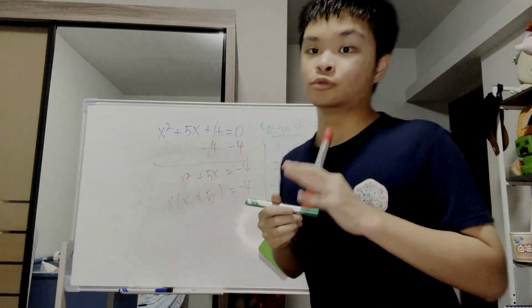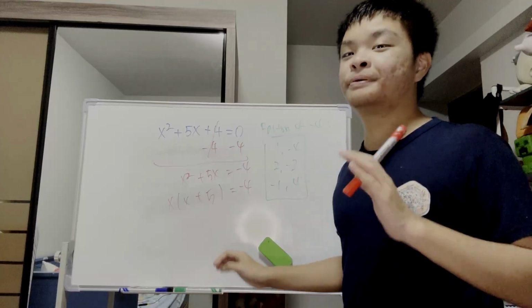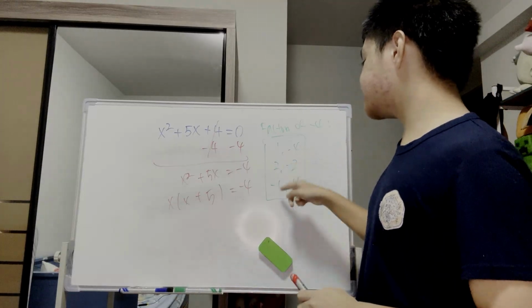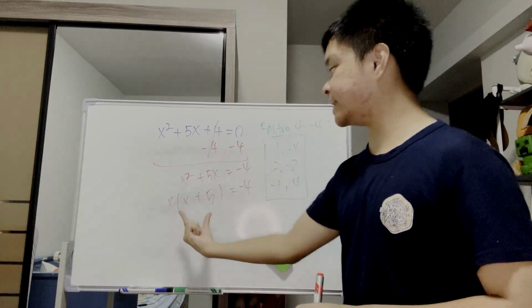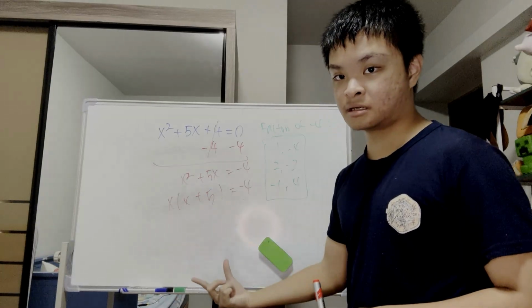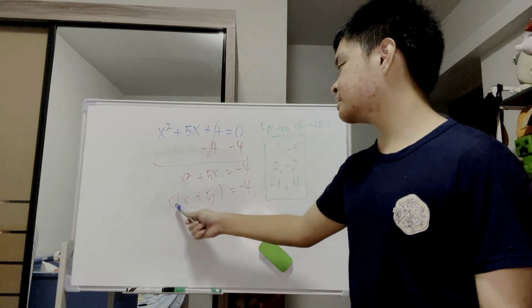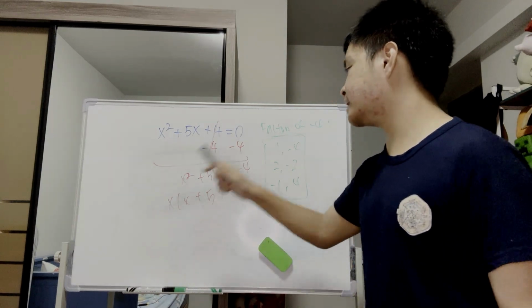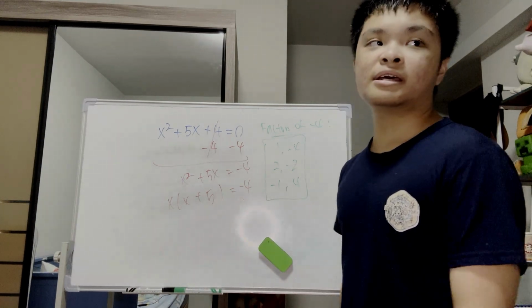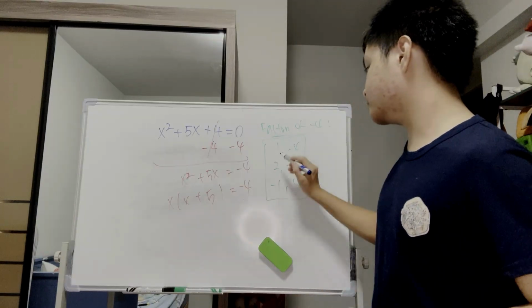So what we have to do now is plug in every single one of these factors into this x, and then see which ones give you -4. The reason why is because, let's say we try 2.